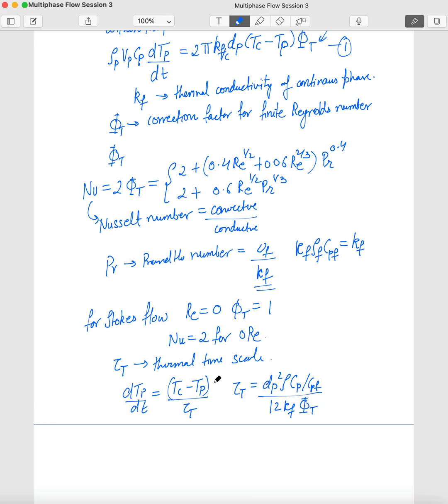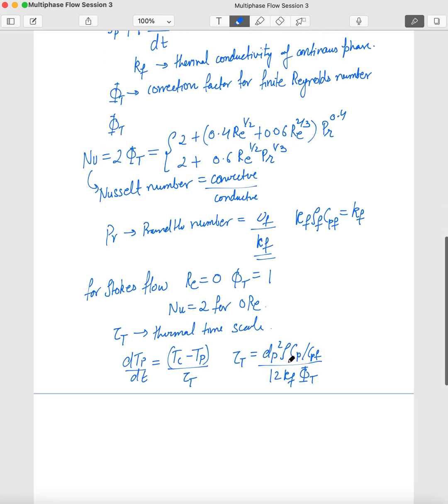That's the generalized expression, but for our case phi t you can take 1, and so tau t can be accordingly changed. Okay, so that is the thermal time scale.